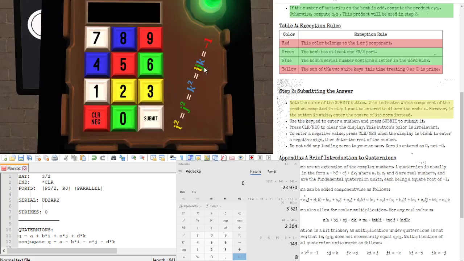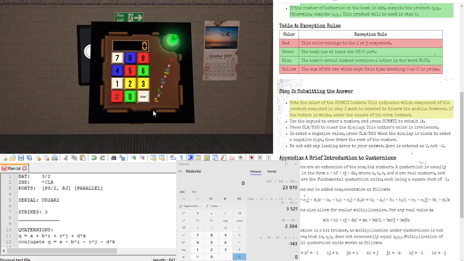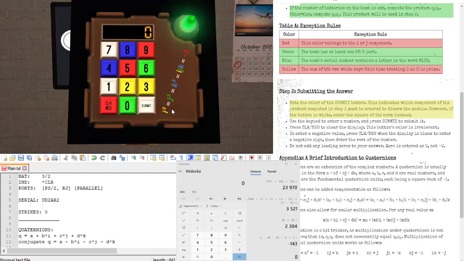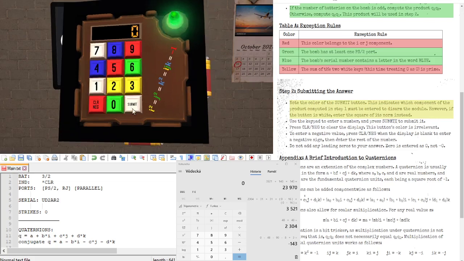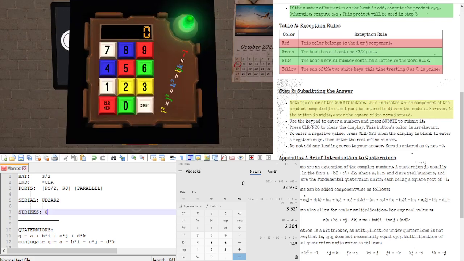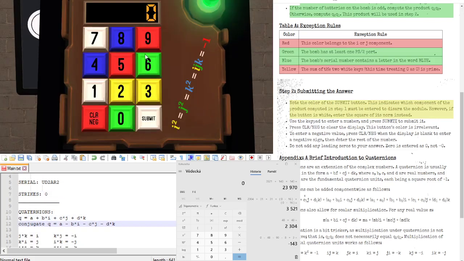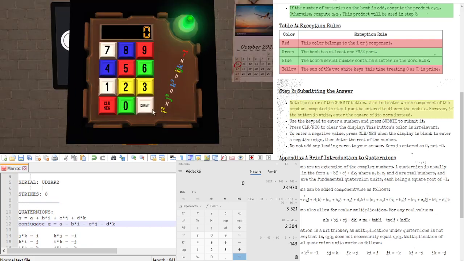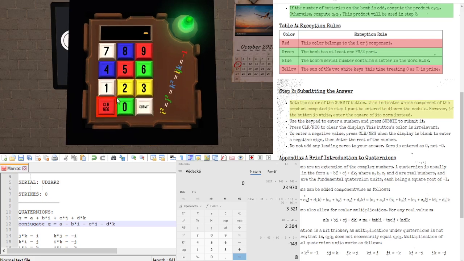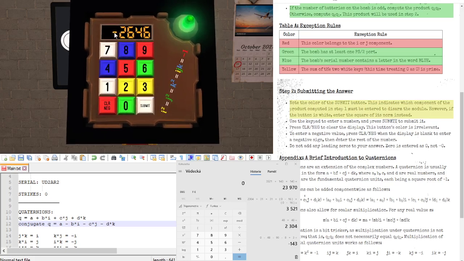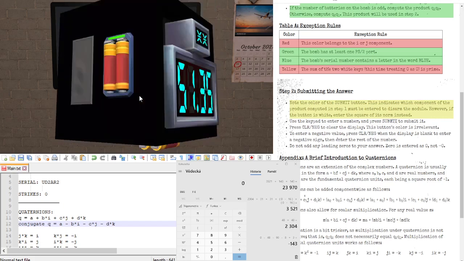That's always a wrong answer. Can a 0 be correct? No, it actually cannot, I believe, because non-components are 0, so 0 will never be a correct answer. But if you submit without the negative sign when there has to be a negative sign, it will be a strike as well.